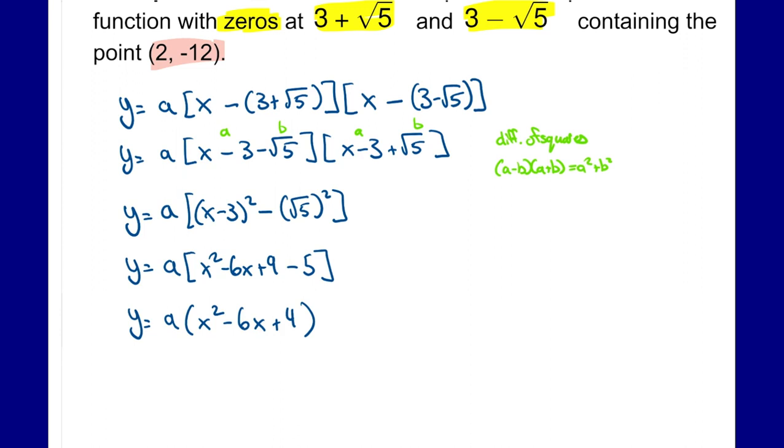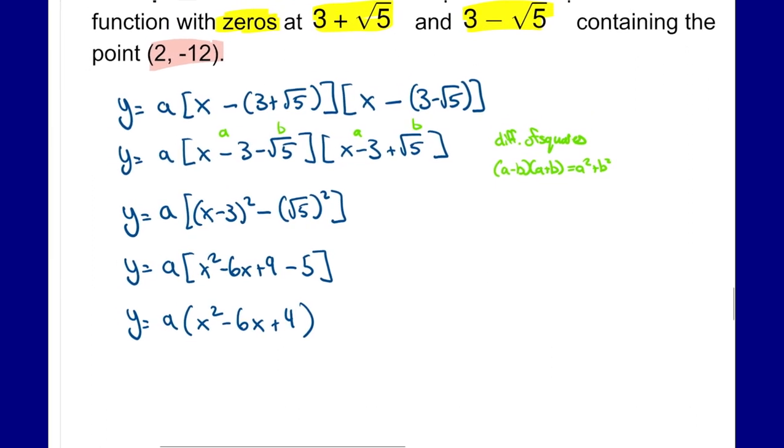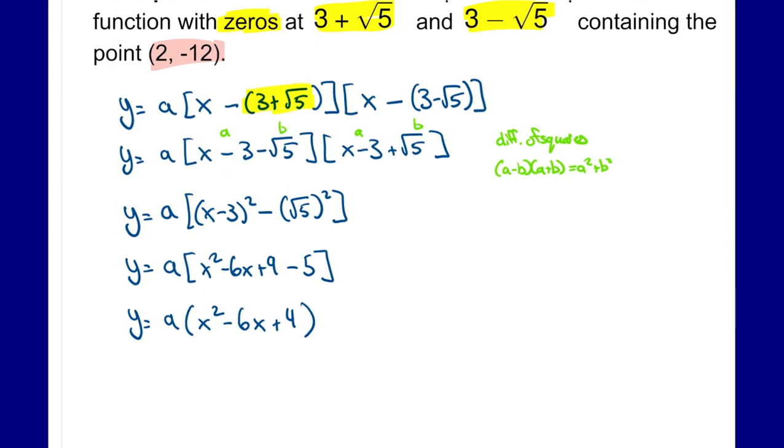Now we're going to plug in our point. All the way back up here, I was just plugging in my zeros. Now I'm going to plug in my point. Negative 12 is equal to a times (2 squared minus 6 times 2 plus 4).